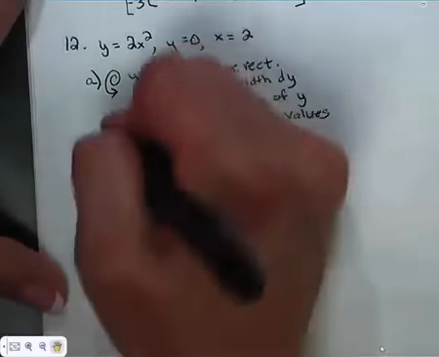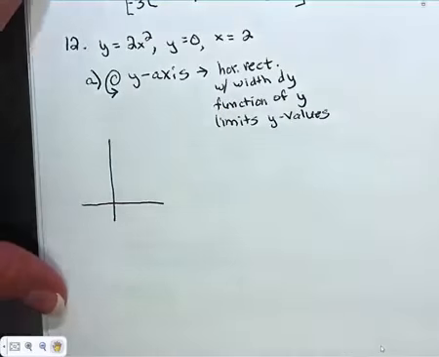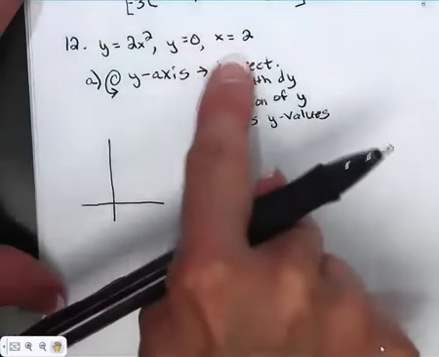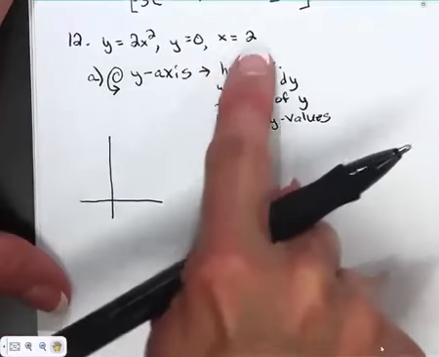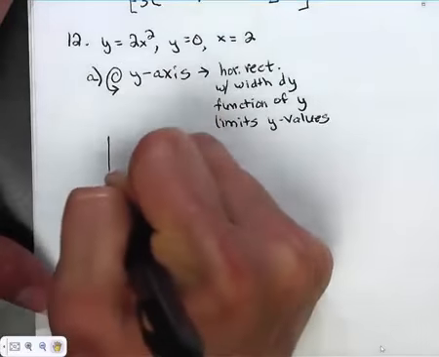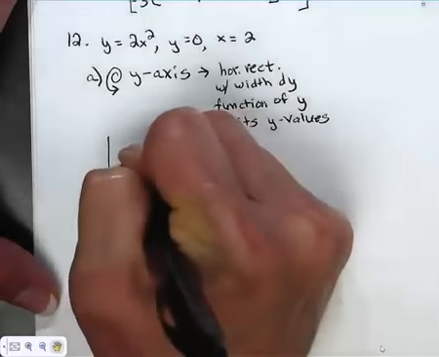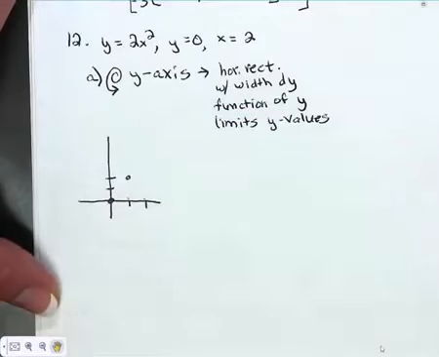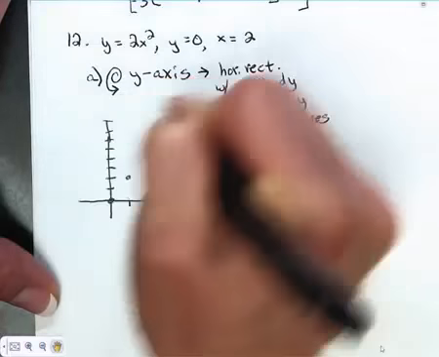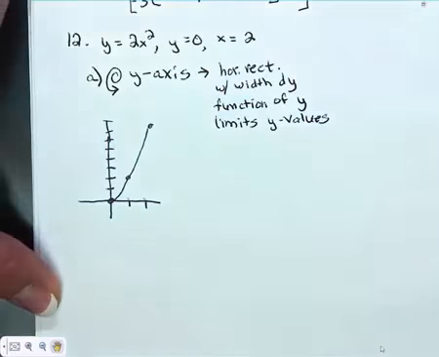Let's see what the graph looks like. Y equals 2x squared, bounded by the x-axis and the vertical line x equals 2. That means we only need to graph it up to where x equals 2. When x equals 0, y would equal 0. When x equals 1, y would equal 2. And when x equals 2, y would equal 8. So here's that piece of parabola we're going to be rotating around the y-axis.